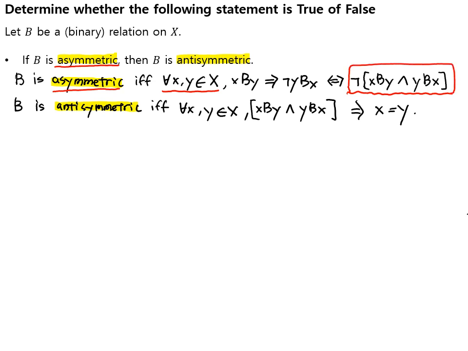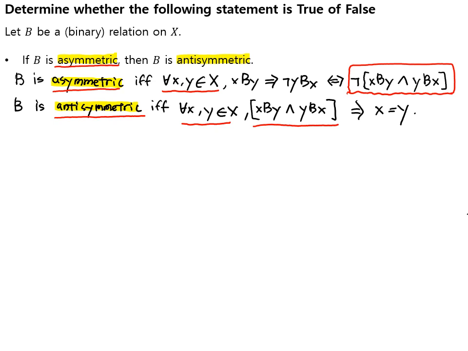Now look at the definition of anti-symmetry. It says that for all x and y, if x is related to y and y is related to x, then x and y are identical.